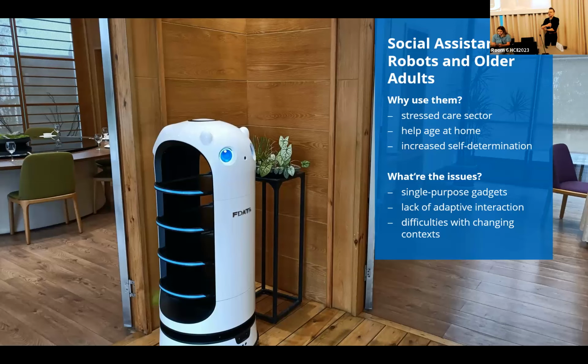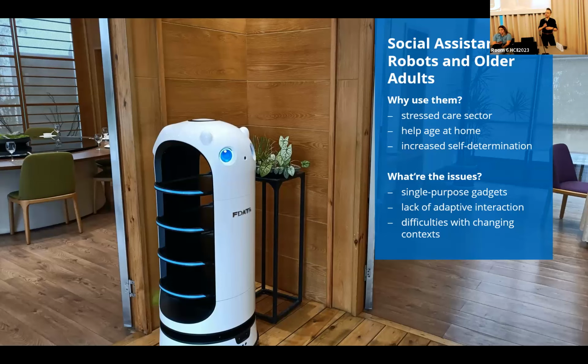One problem with those social assistance robots is that they are mostly only single purpose robots, so they are not really intended to do multiple tasks. That's a problem. The interaction needs and preferences of older adults are pretty diverse, pretty difficult to address.